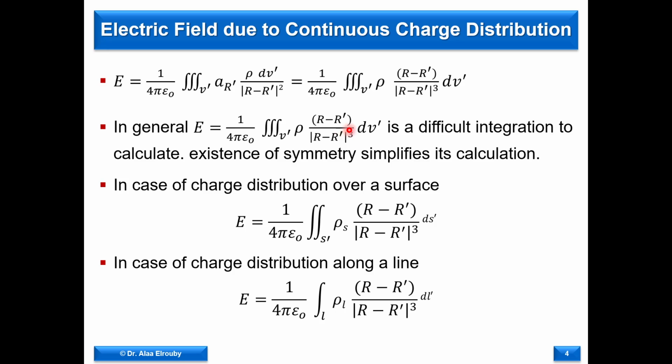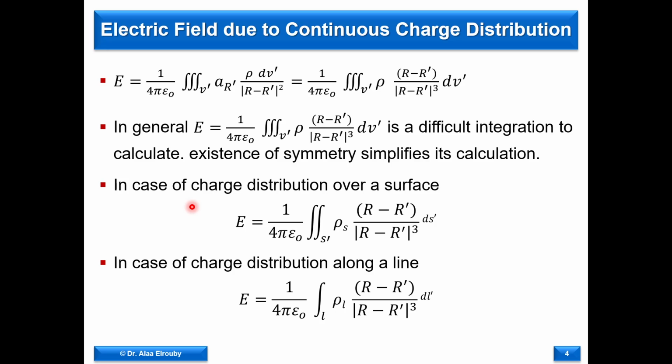In that case, we can solve it numerically, and there are many simulation tools that do this job. But in case of symmetry, if we have a regular shape or some sort of symmetric charge distribution, the calculation of this integration would be simplified and we can reach a closed form solution.